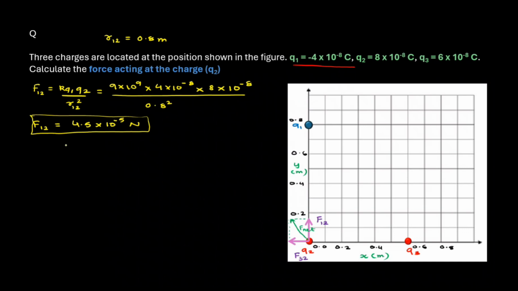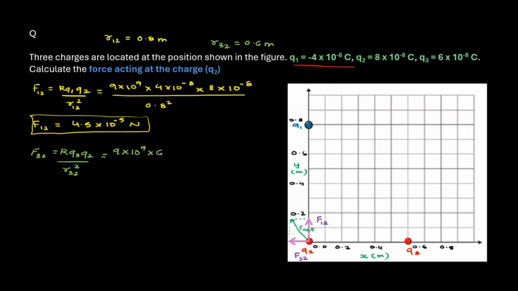We do the same thing to find F32. We write F32 equal to k Q3 Q2 over R32 squared. R32 is the distance between Q2 and Q3, which is 0.6 meter. So let's substitute. k is 9 times 10 to the power 9.